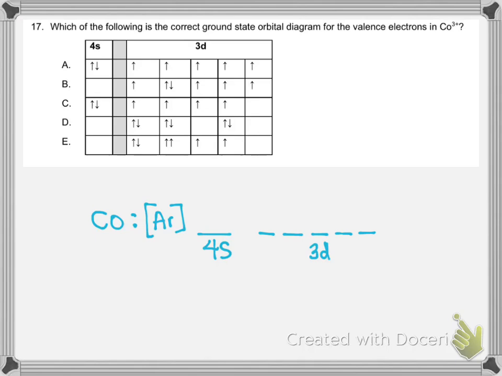Here in number 17, they want us to figure out what the correct ground state orbital diagram is for cobalt-3+. So I'm going to start by drawing the electron configuration for neutral cobalt. We have an argon core, 4s electrons, and then we have 7 d electrons.